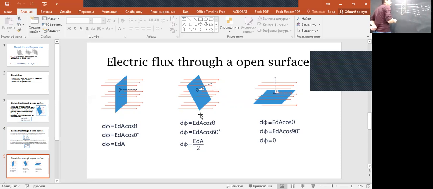Okay? And the angle between the surface and the electric field is theta, let's say 45 degrees. And we should find here the net electric flux.